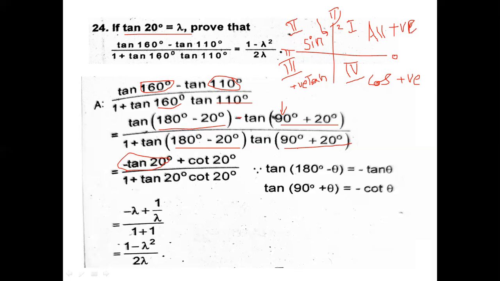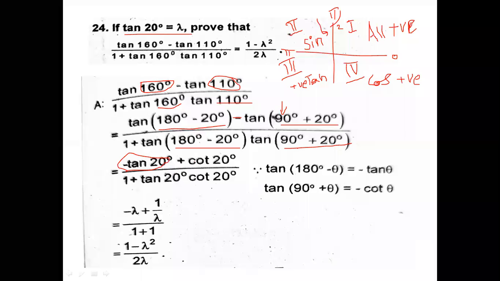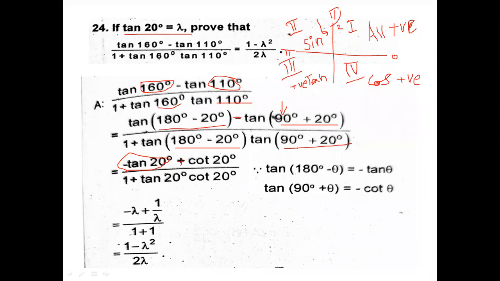So tan (90 plus 20) will be minus cot 20. Is that clear? Are you all following?